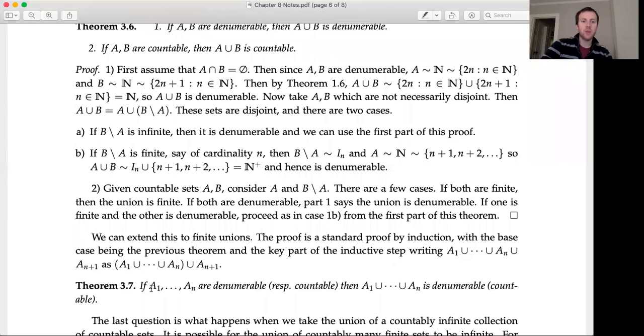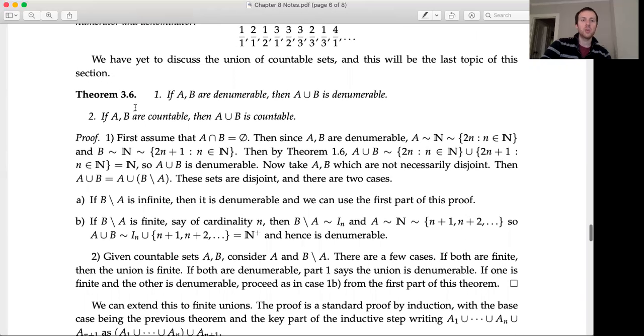So the theorem is if you have any denumerable or countable sets A1 up to AN, if you union them, they are again denumerable or countable. What the proof looks like is the base case is when you only have, I guess the most base case is when you only have one. The first base case with some content is when you have two. And checking that the union of two countable sets is countable is exactly what this theorem is doing.